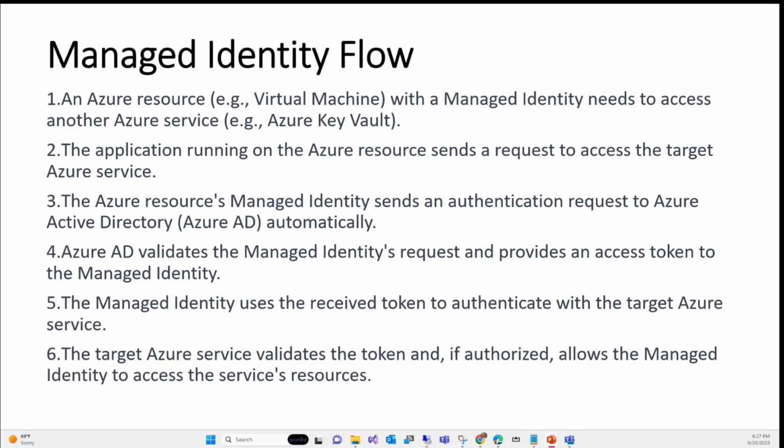Azure Service Manager sends the authentication request to Azure AD automatically. Azure AD validates the managed identity request and provides an access token to the managed identity. The managed identity uses the received token to authenticate with the target Azure service. And the target Azure service validates the token and, if authorized, allows the managed identity to access the service resource.